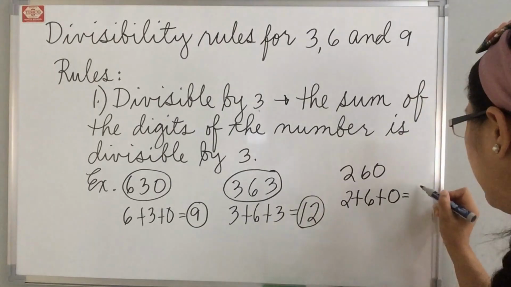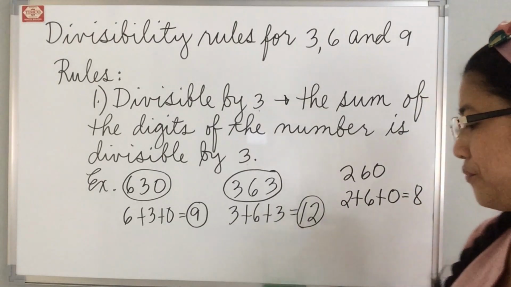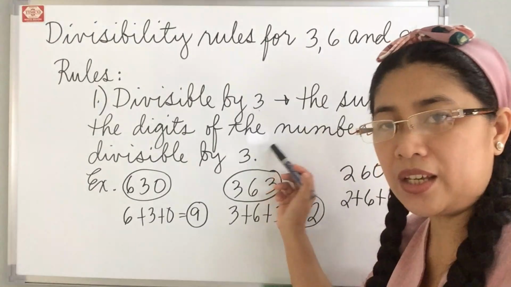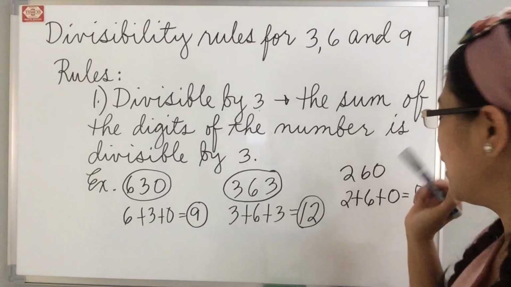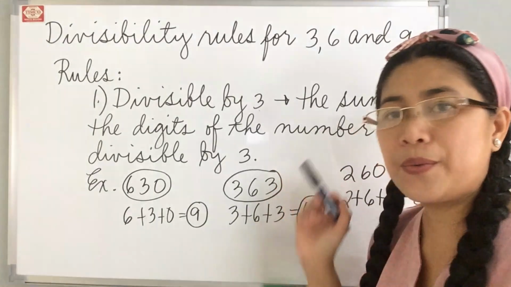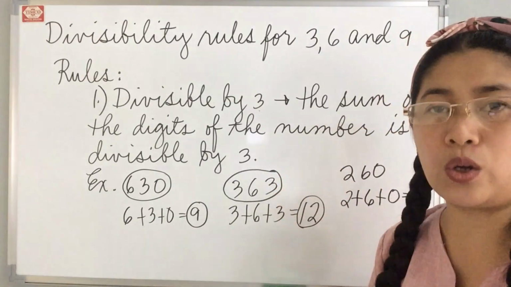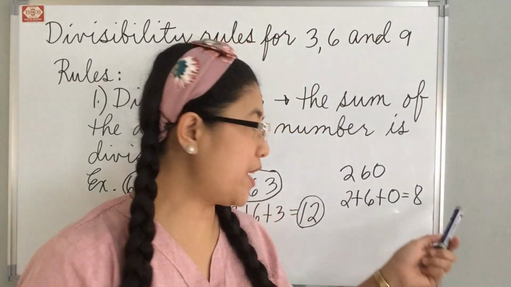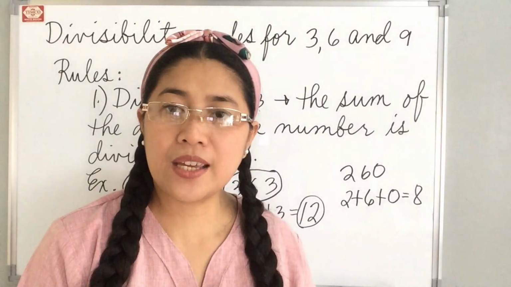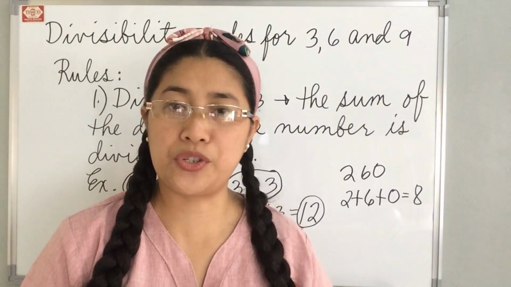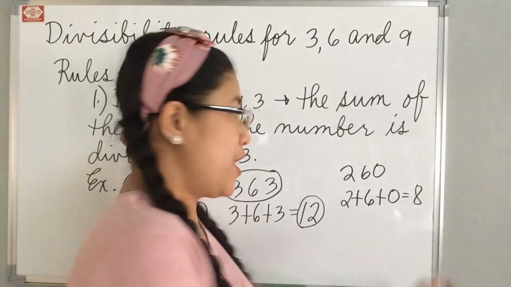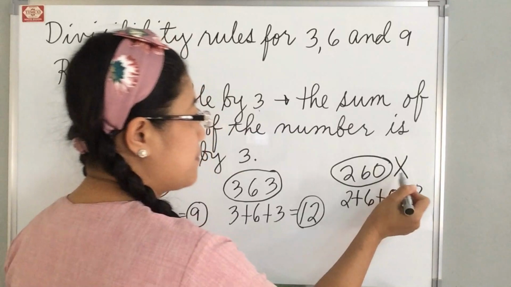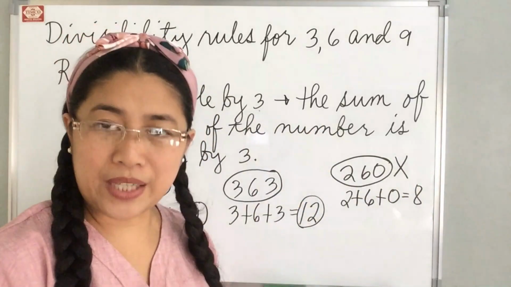Still 8. Now, is 8 divisible by 3? Or can we divide 8 by 3 without remainder in the quotient? No, we cannot divide 8 by 3 without remainder in the quotient. So therefore, this number 260 is not divisible by 3.